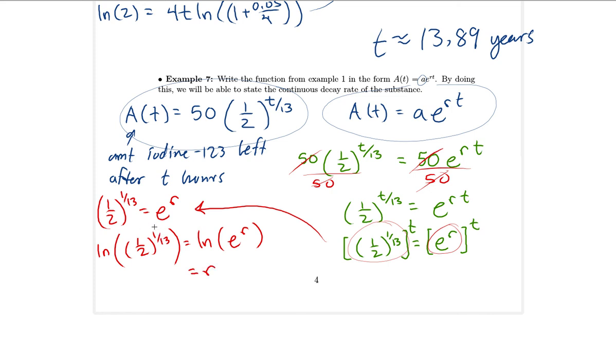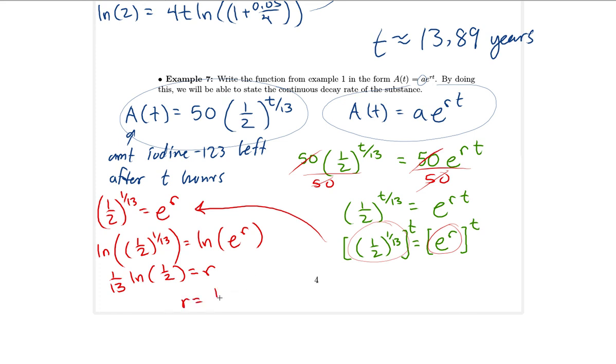On the other side, I can bring the 1/13 down, so it becomes 1/13 natural log 1/2. So this is going to be my continuous relative decay rate.